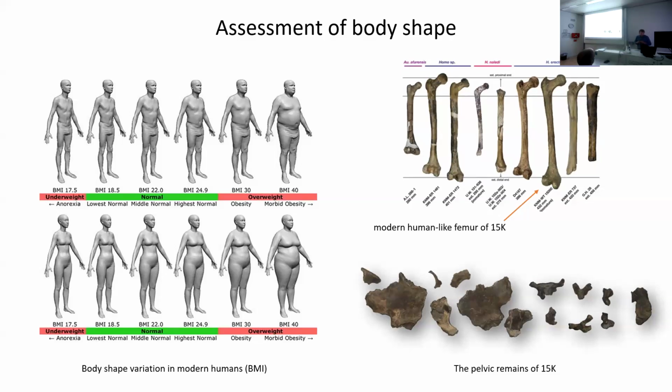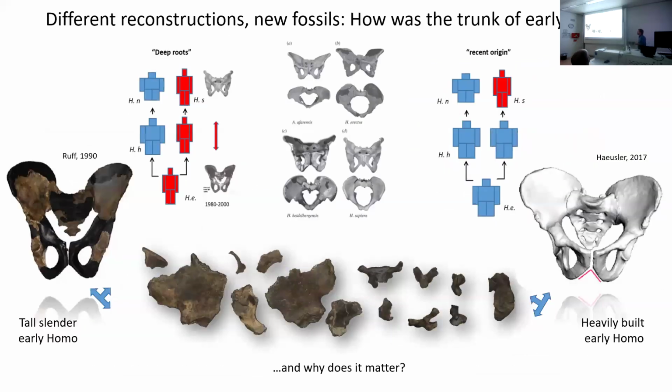And so the question is, how can we reconstruct those measurements that we need in order to get some idea about body shape? As you can see on the left side, it's possible to put all these fragments together and come up with a relatively narrow pelvis, but it's also possible to reconstruct them in a way that gives rise to a more heavily built and wider pelvis.